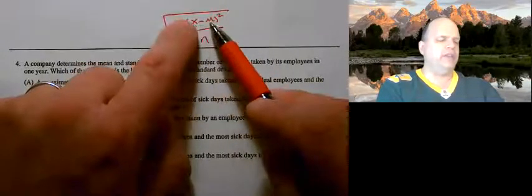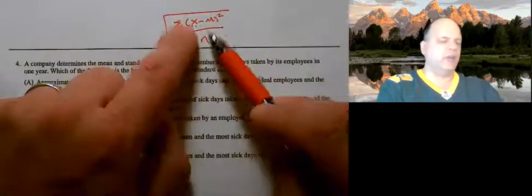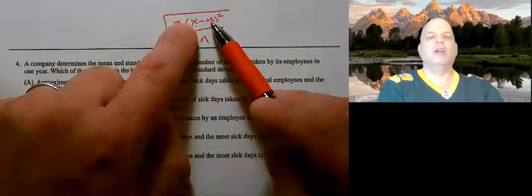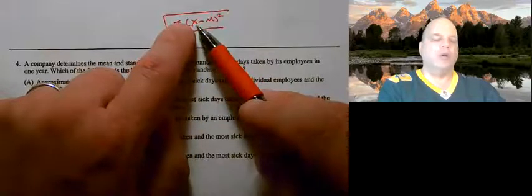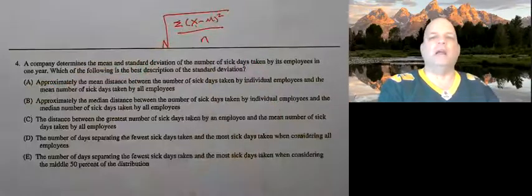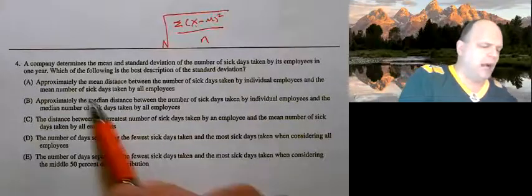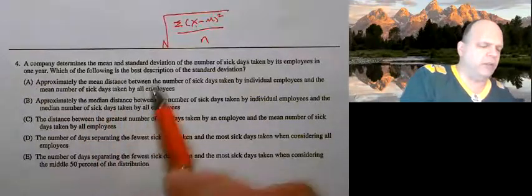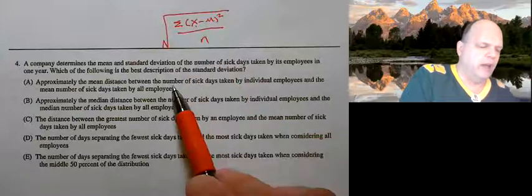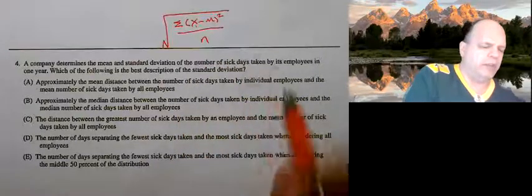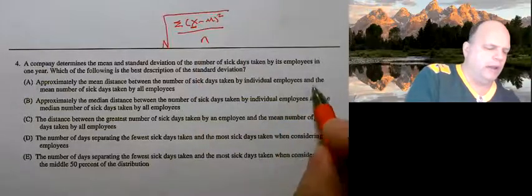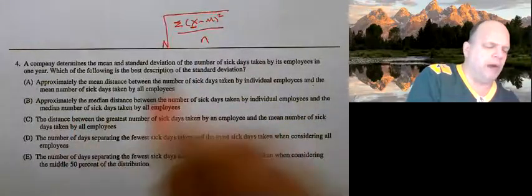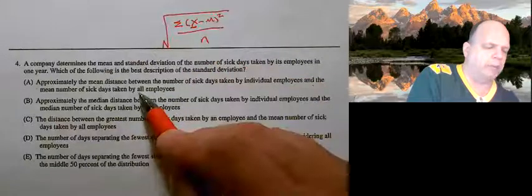Well, this distance is an average. It's the number of sick days for an individual minus the mean of the company. So approximately the mean distance between the number of sick days taken by an individual and the mean number of sick days by all employees.